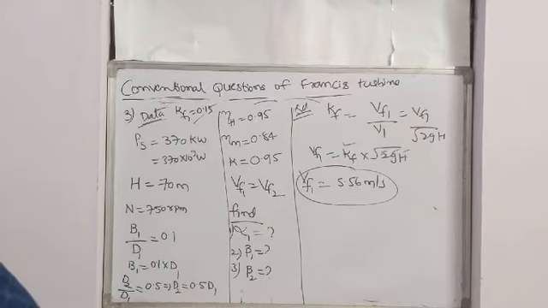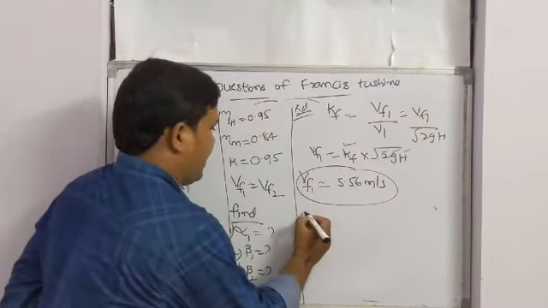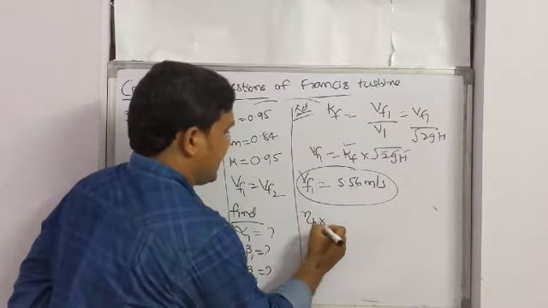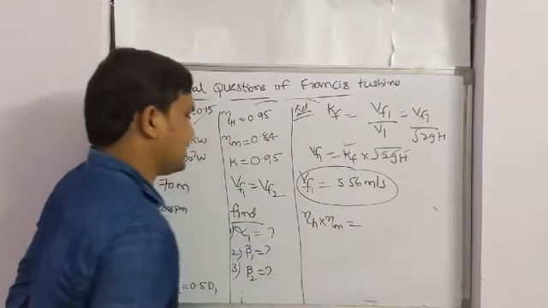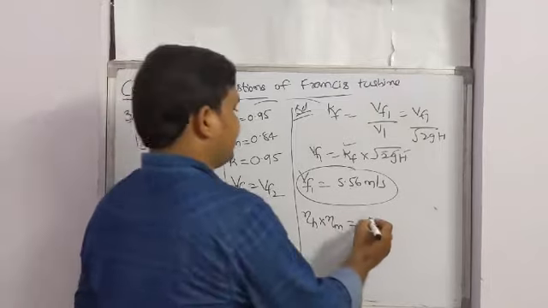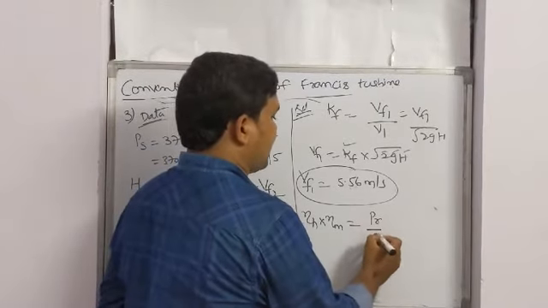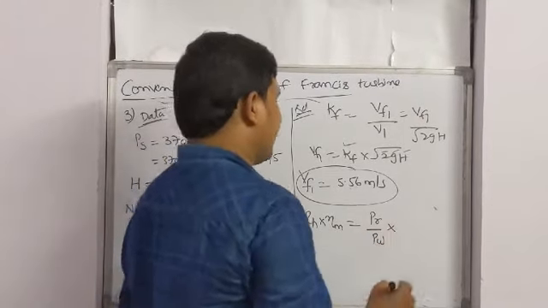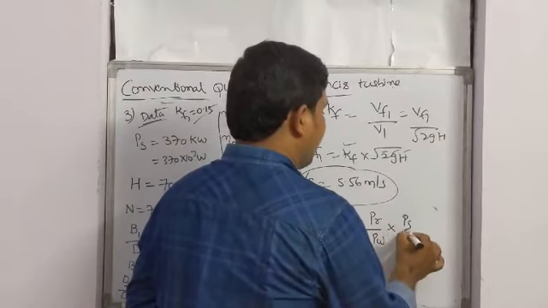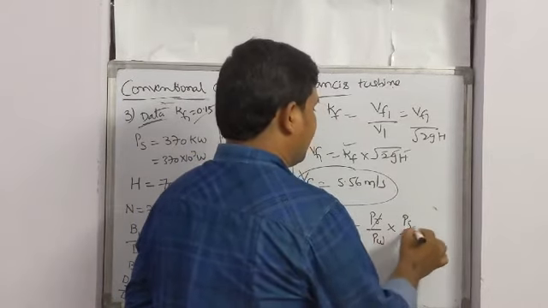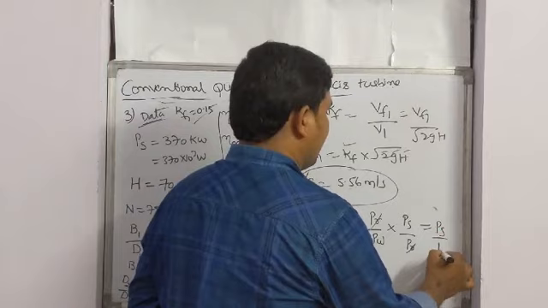Then Vf1 is completed, and we know the hydraulic efficiency and mechanical efficiency. Hydraulic efficiency is runner power by water power. Mechanical efficiency is shaft power by runner power. Runner power gets cancelled, so it is shaft power by water power.